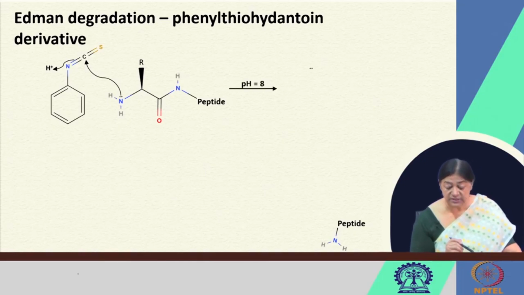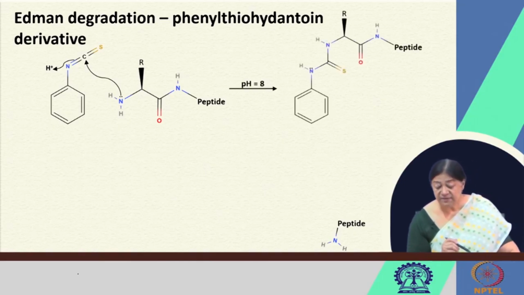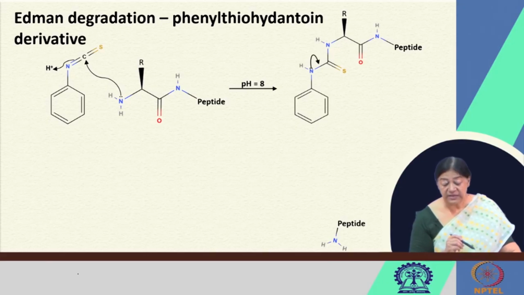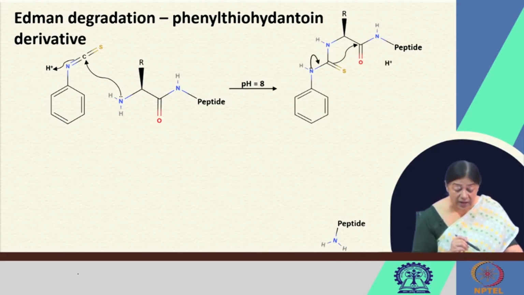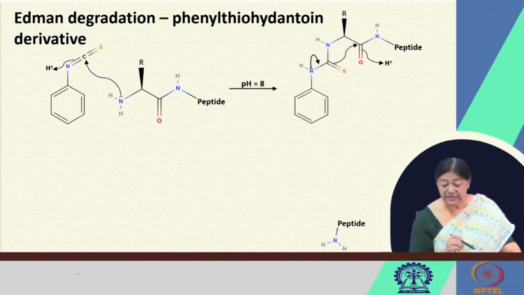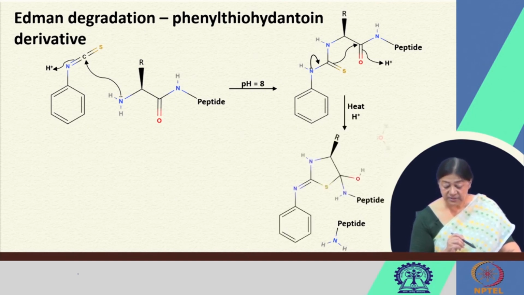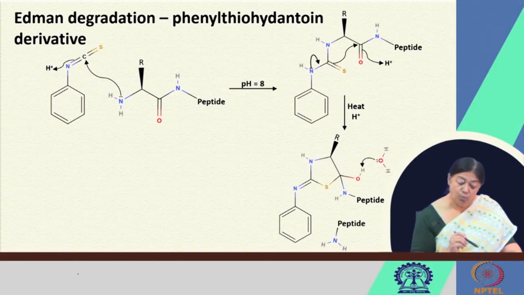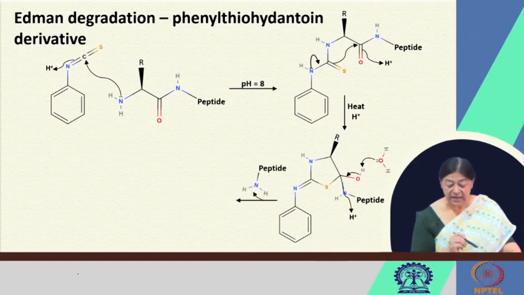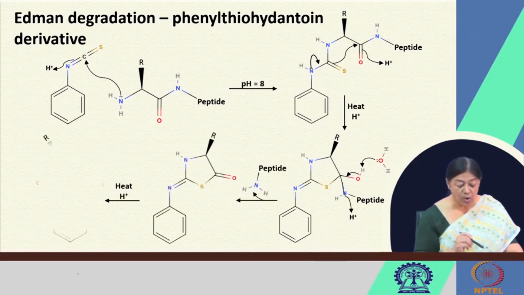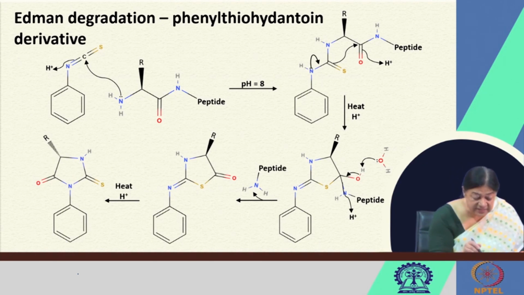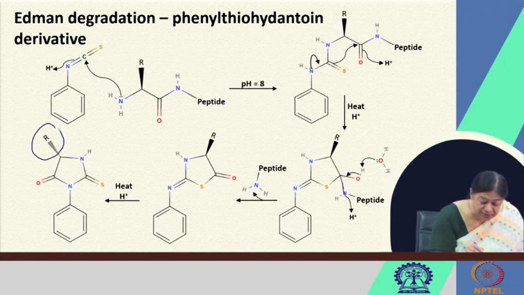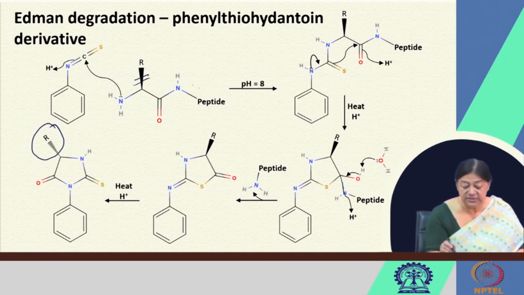This reaction occurs at a specific pH, giving us again a derivative that is known as the phenyl thiohydantoin derivative, and this reaction then gives us the peptide along with the first amino acid of the sequence.